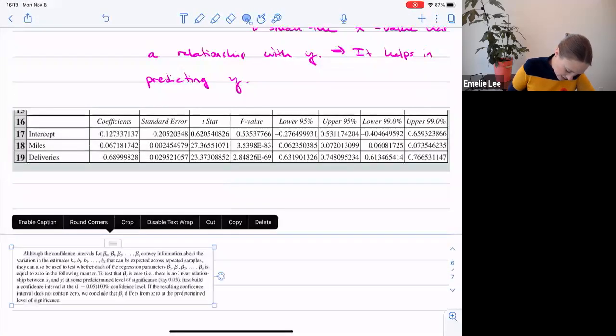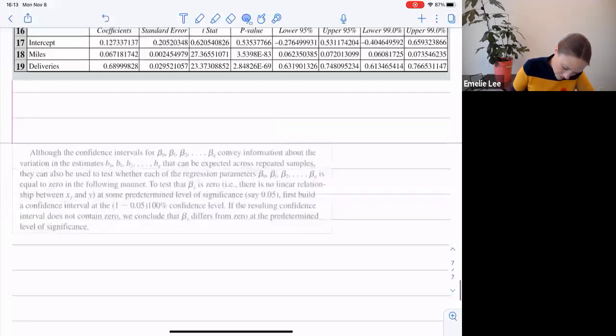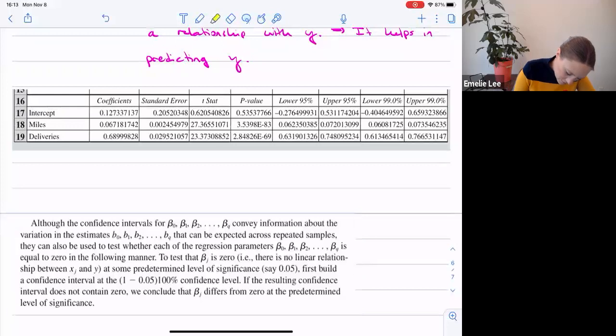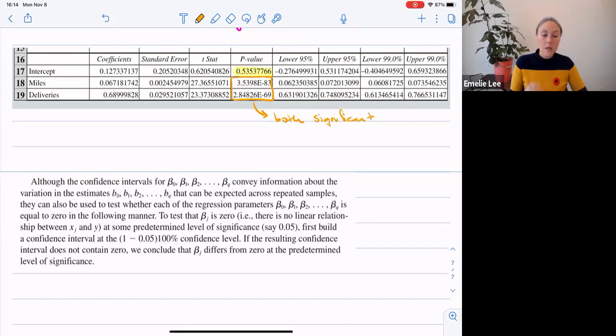So what we see is that, okay, these guys are both significant, which means that the miles and the deliveries both help towards predicting that value of y, the delivery time, right?